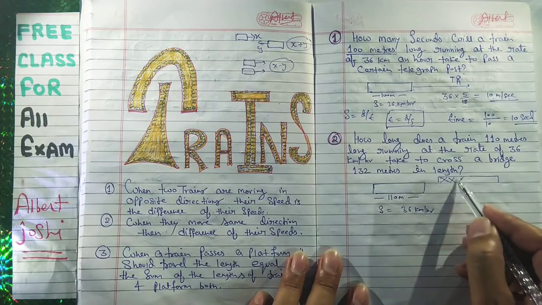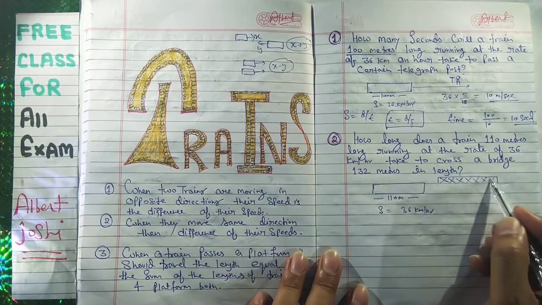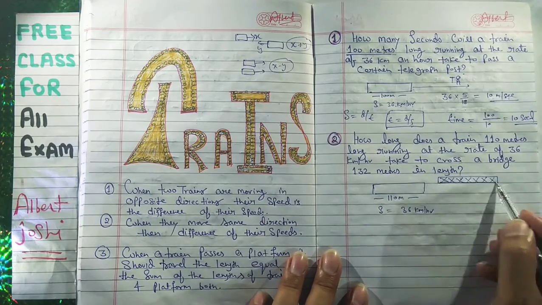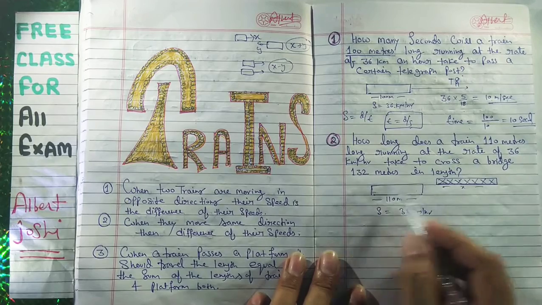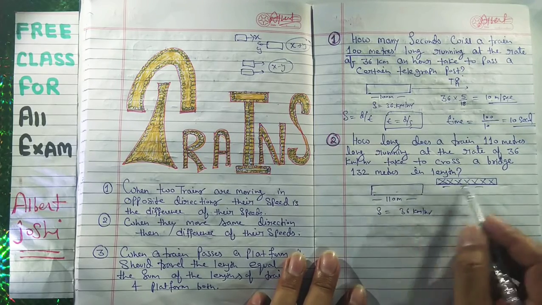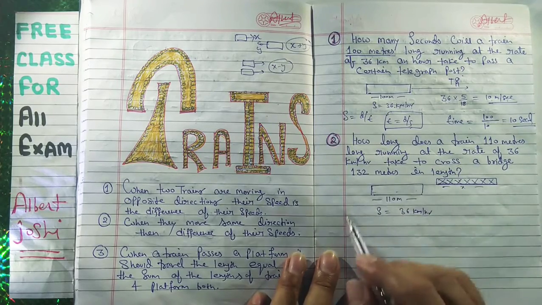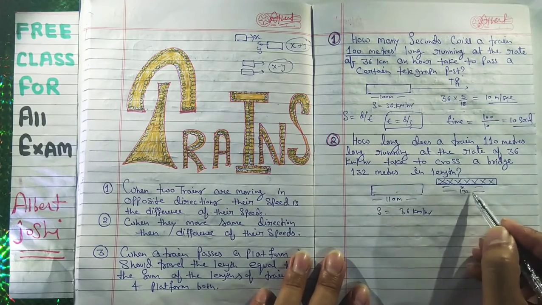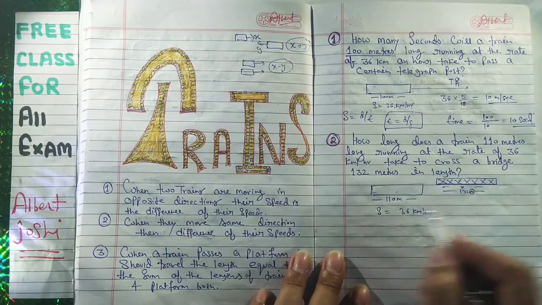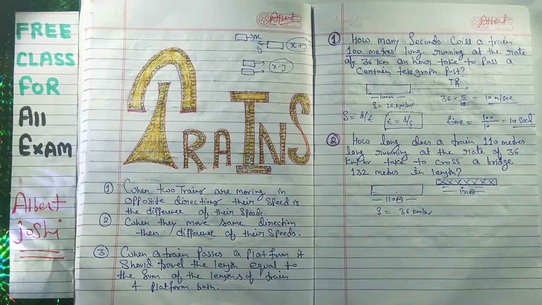I told you, if you have a bridge or platform, in this condition you have to add the length of the train and the bridge. That will be the total distance covered. Its total distance is 132 plus 110. Already he has given us in meter, and that is also in meter.